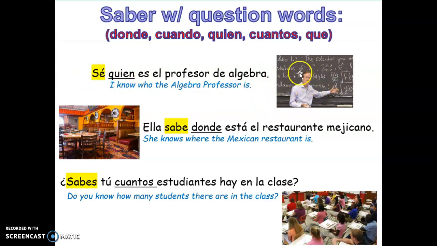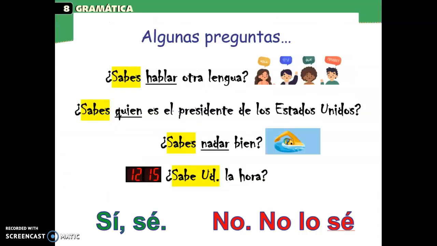Maybe I don't know him personally, but I know who he is. Ella sabe dónde está el restaurante mexicano. ¿Sabes tú cuántos estudiantes hay en la clase? So these are all question words. Some questions I could ask you.